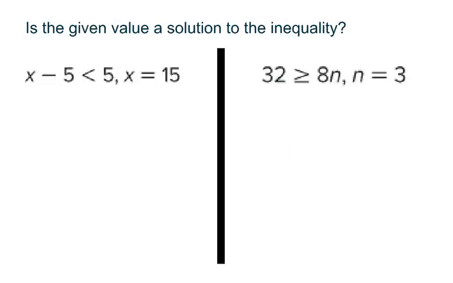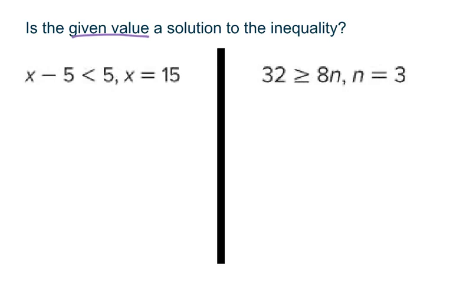Now we're going to look at some questions where they're asking, is the given value a solution to the inequality? On the left side, I have x minus 5, and the x minus 5 has to be less than 5. If I substitute 15 in for x, would 15 minus 5 be less than 5?